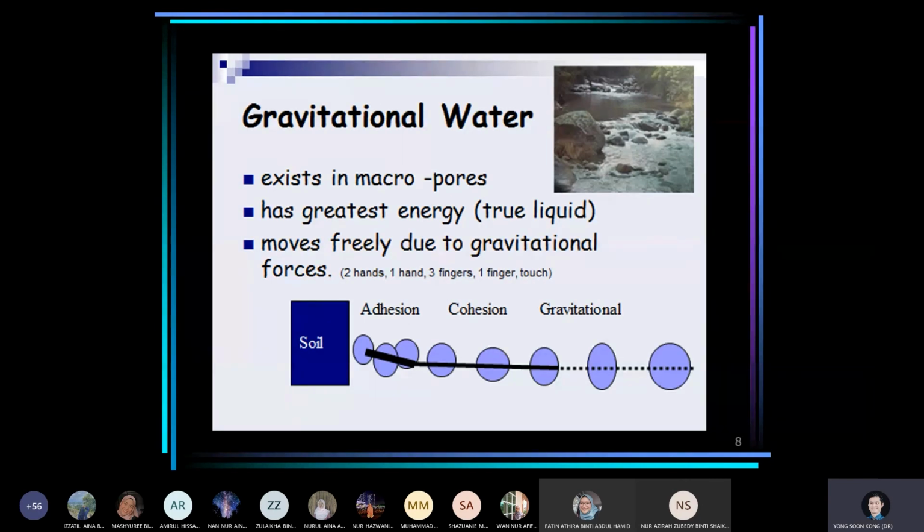Okay, now, just now I told you there's another part that affects water movement, which is gravity, right? I know water will flow with gravity. However, when it comes to small pore size, capillary forces take over, and the gravitational pull will be negligible.